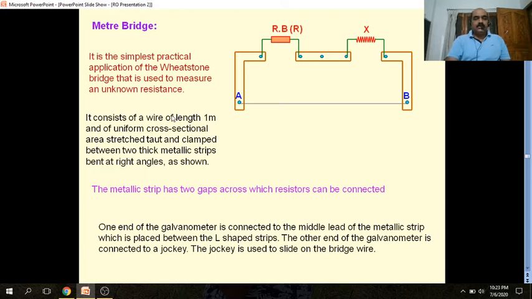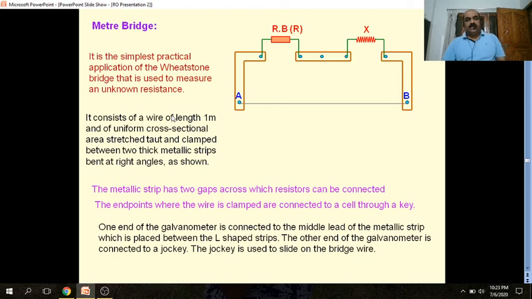Now the source of current, that is the battery, is connected along the ends of the wire AB, which are clamped on the metal strips. So the cell and battery are connected across AB. Now we have to connect the galvanometer.